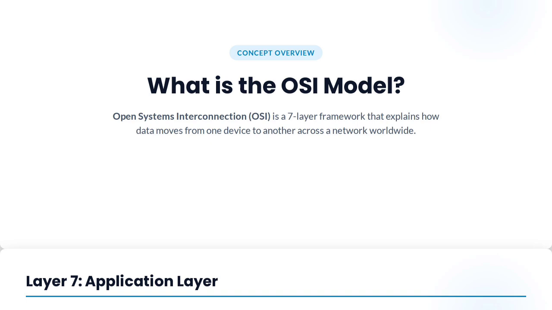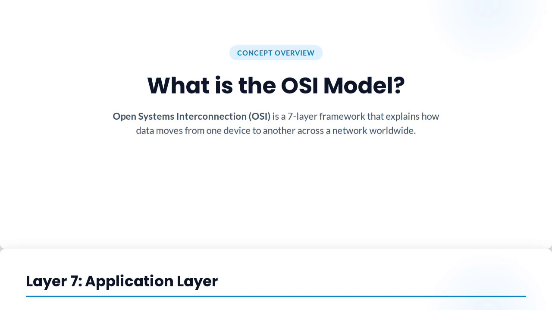It is a 7-layer framework created so that different computers and devices across the world can communicate smoothly with each other. We always count the layers from layer 7 down to layer 1.